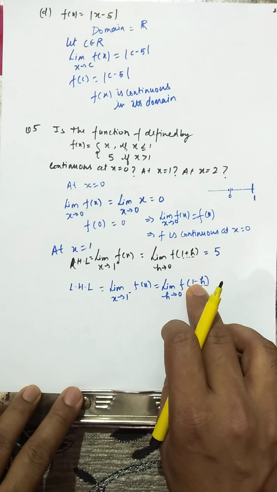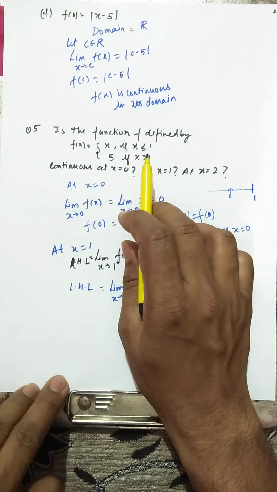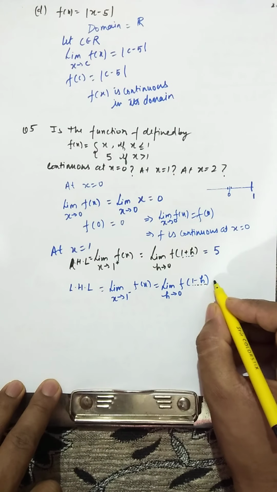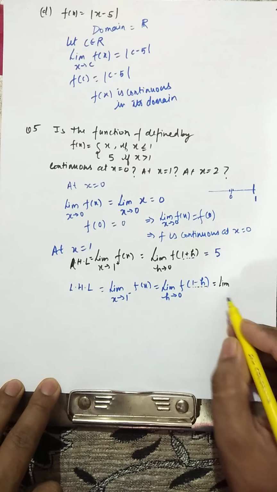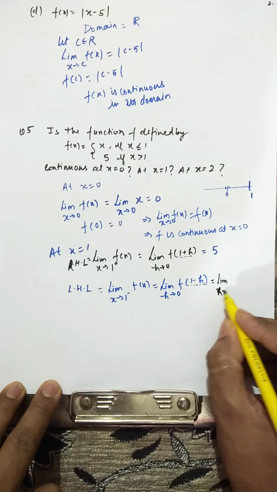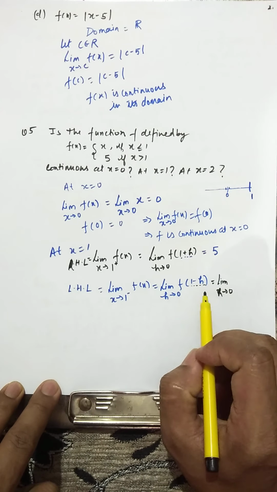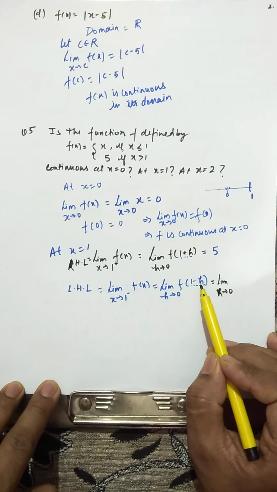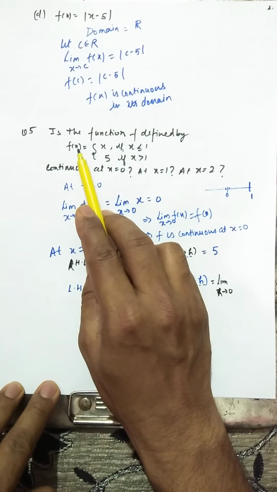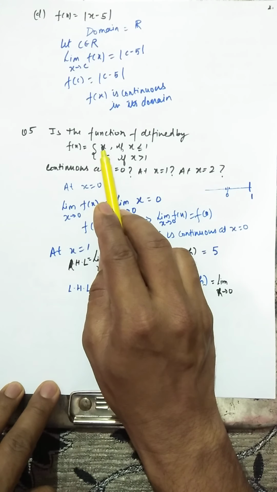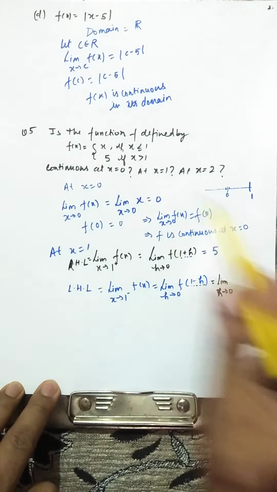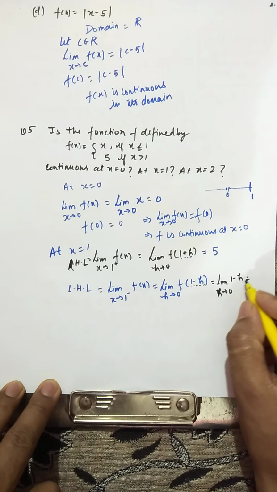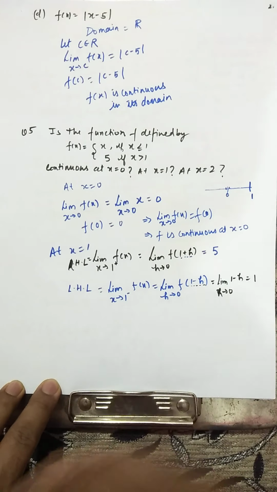This value is less than 1, and if the value is less than 1, your function is f(x) equal to x. So if I put x equal to 1 minus h in f(1 minus h), your answer will be 1 minus h. So this becomes 1 minus h, and you can see that the value after putting h equal to 0 is coming 1.